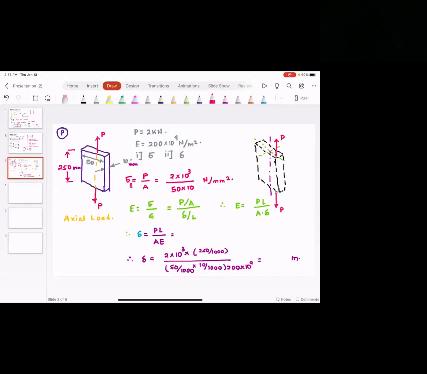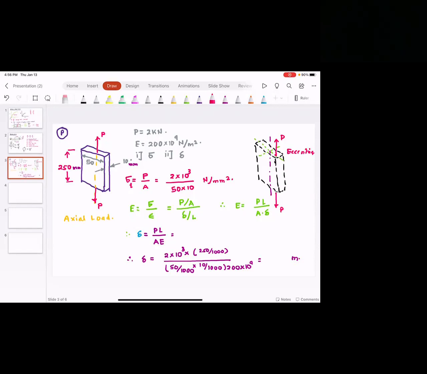What is the difference between the loading on the left hand side and the loading on the right hand side? On the left hand side, you have axial load. On the right hand side, you have non-axial or eccentric load. So this is eccentric. Now what happens because of the eccentric loading?